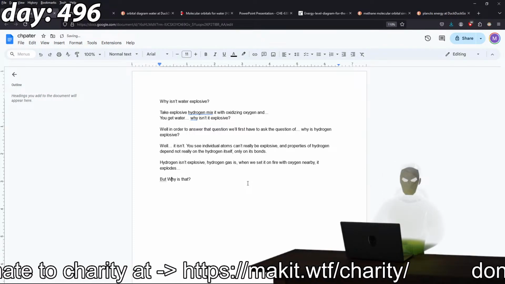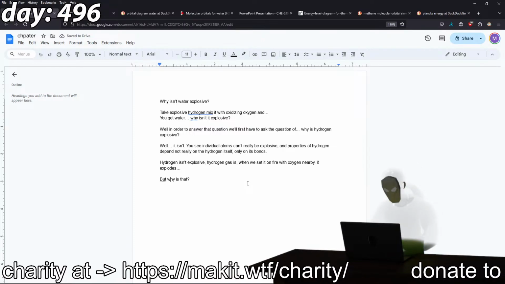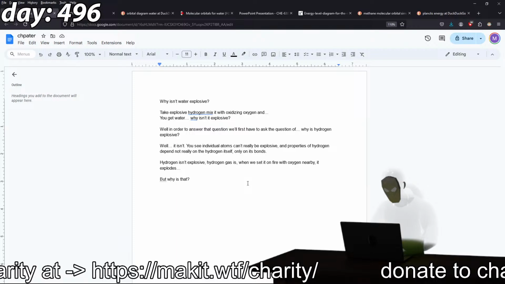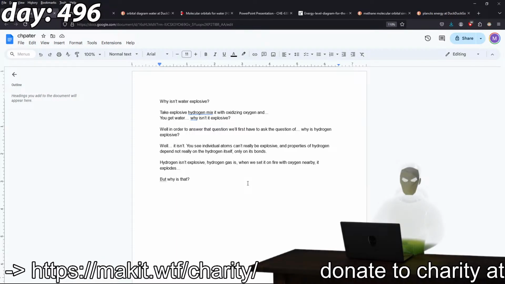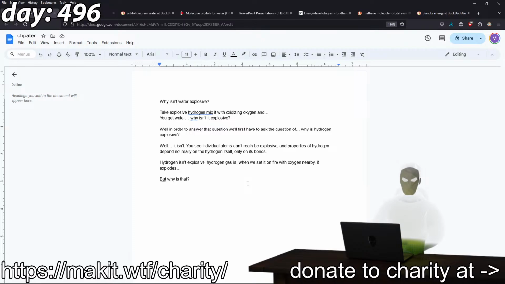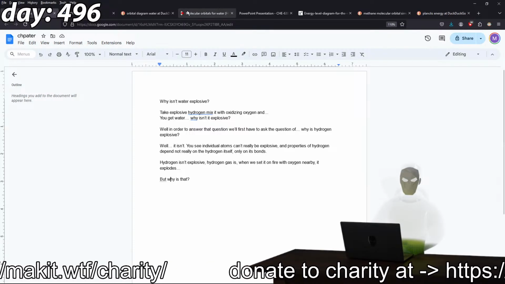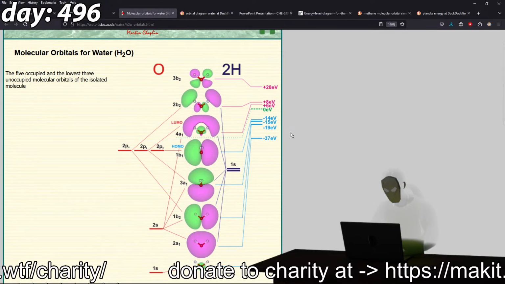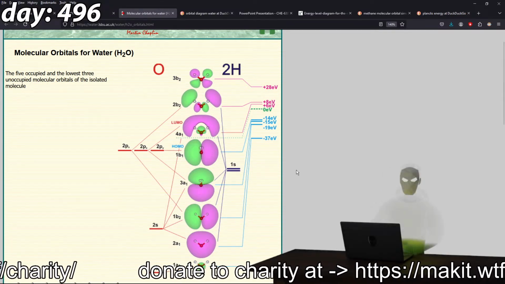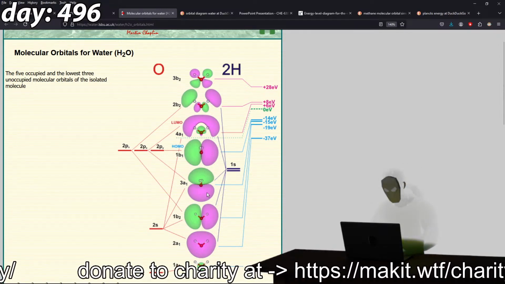Why is it that it explodes when we set it on fire with oxygen nearby? The energy is literally distributed equally in the region, so I guess they are indeed negligible mass and negligible energy. I won't sit here and pretend like I know. That's why these have different energy.